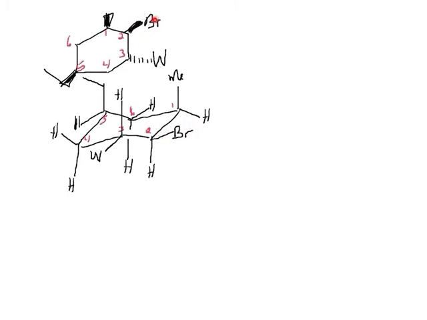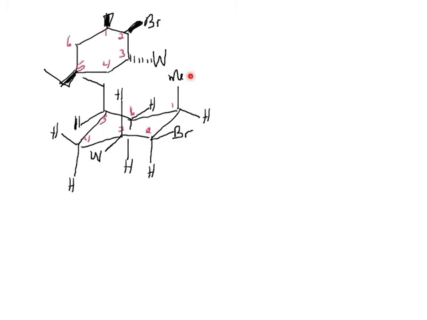But the bromine's pointed up. Is it always going to be pointed up? Yes. Whether or not it's on top or bottom of the ring never changes, because you can be equatorial and pointed up, and you can also be axial and pointing up. So whether you're on the top or bottom of the ring doesn't change with that.